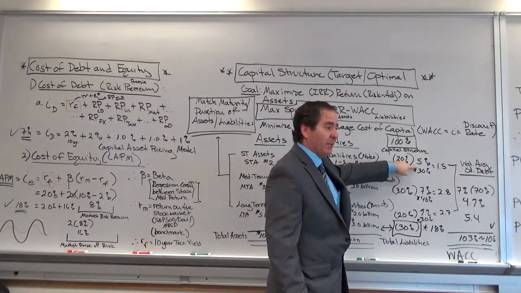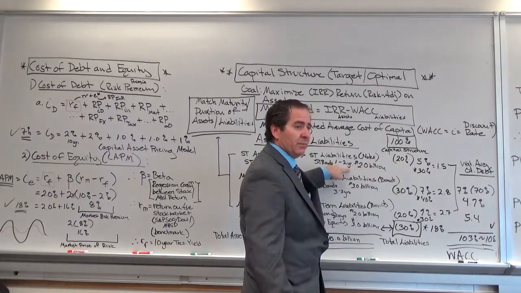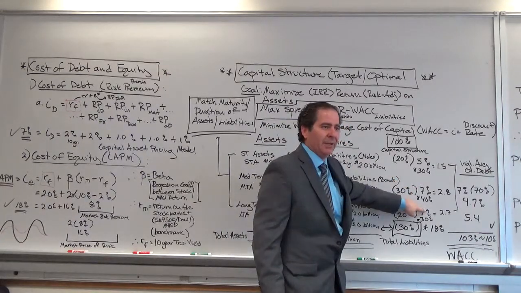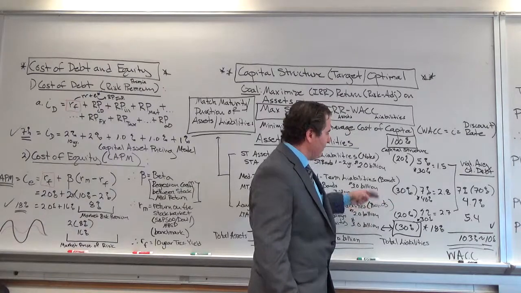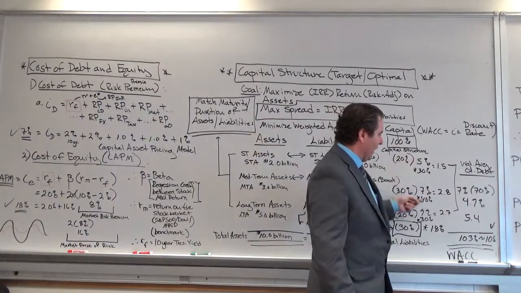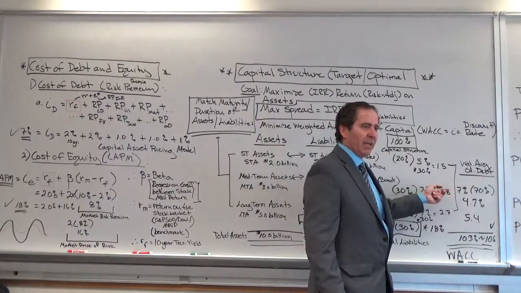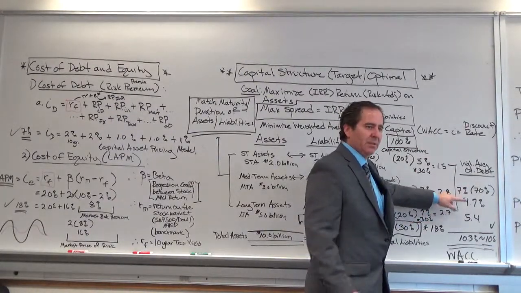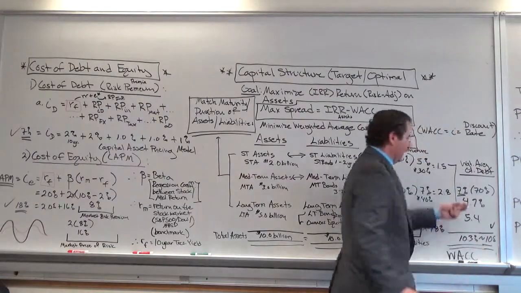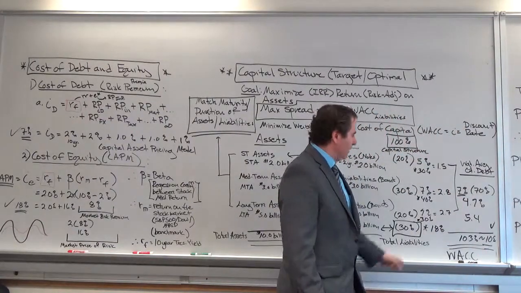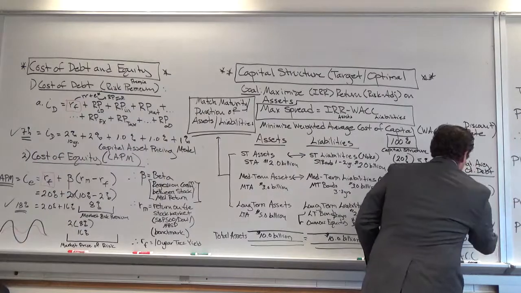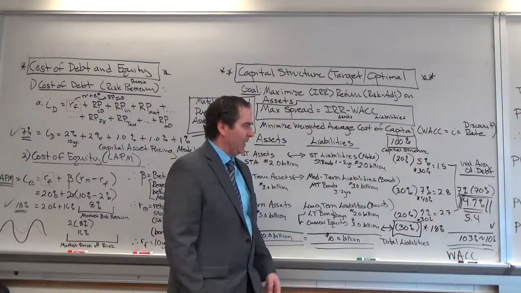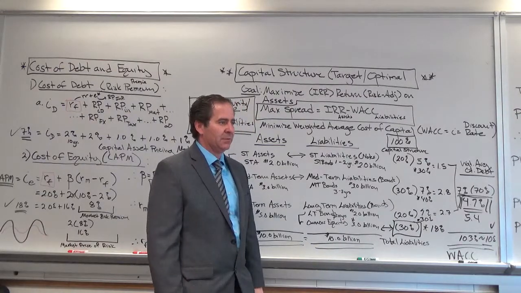It's costing us 5% on the short term for the debt, 7% on the medium term, and 9% on the long term. So I calculated a weighted average of the cost of the debt portion, which came to 7%, and then multiplied that by the 70% to get 4.9. So our cost of debt on a weighted average basis is 4.9% or 5%.